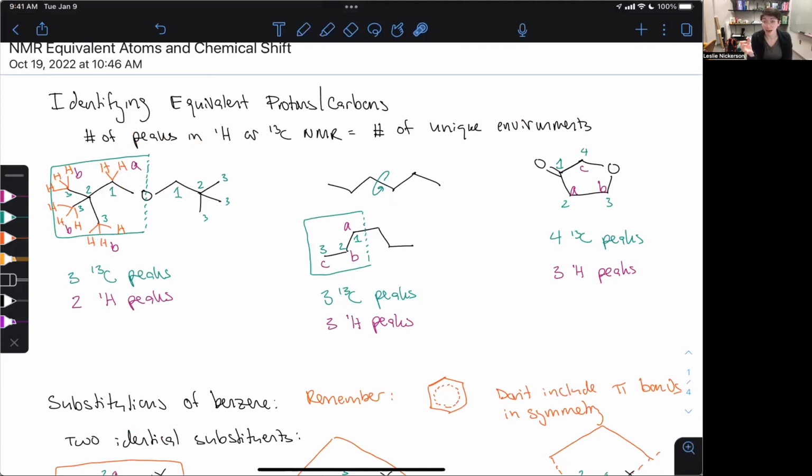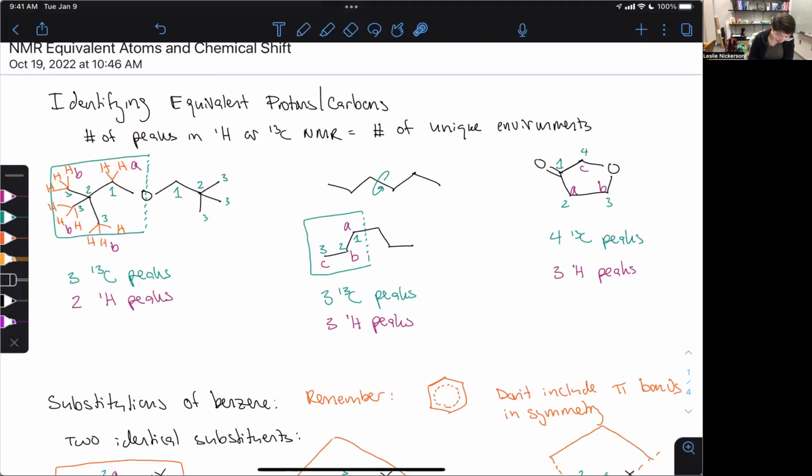Okay, I don't have any pi bonds or anything like that. So this is the most electronegative thing I have around, and these are the things that are closest to it. So this is going to be my most downfield carbon and my most downfield proton.